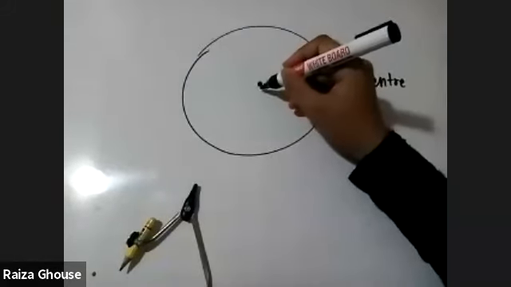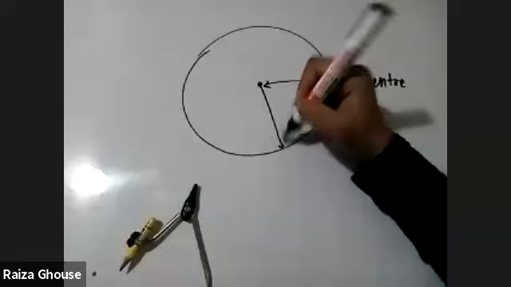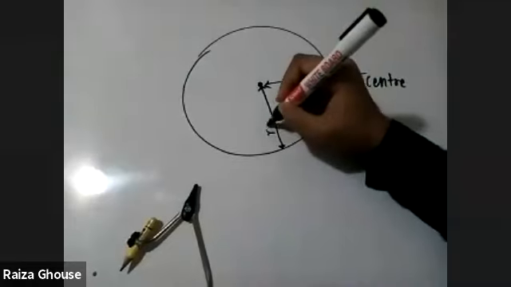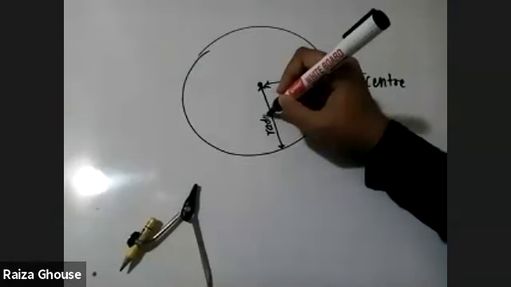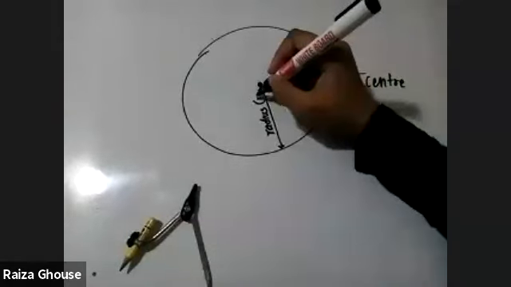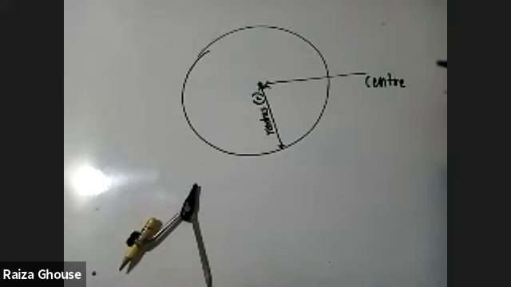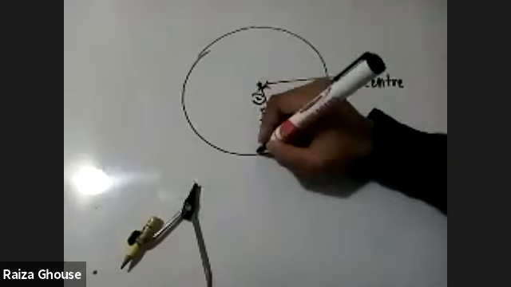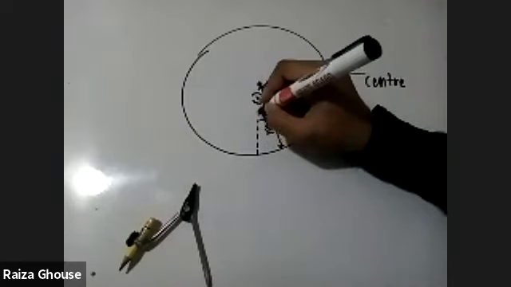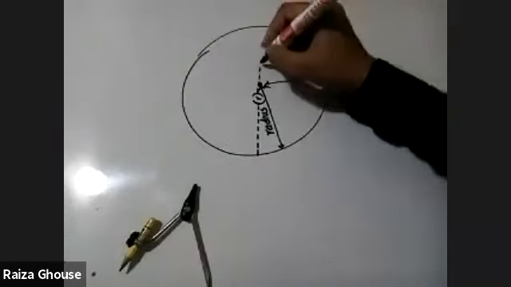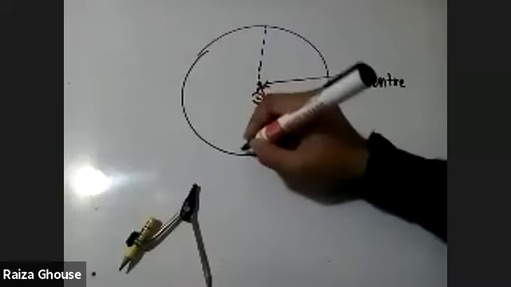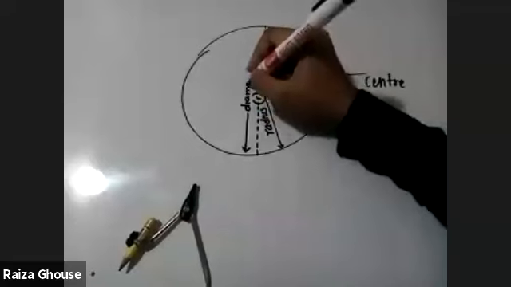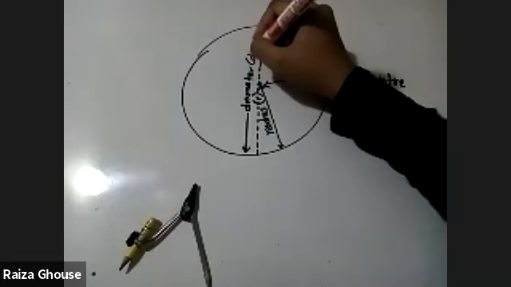That is represented by simple r. If you draw a line through the center, I'll draw a dotted line. You call this line as your diameter, simple D.